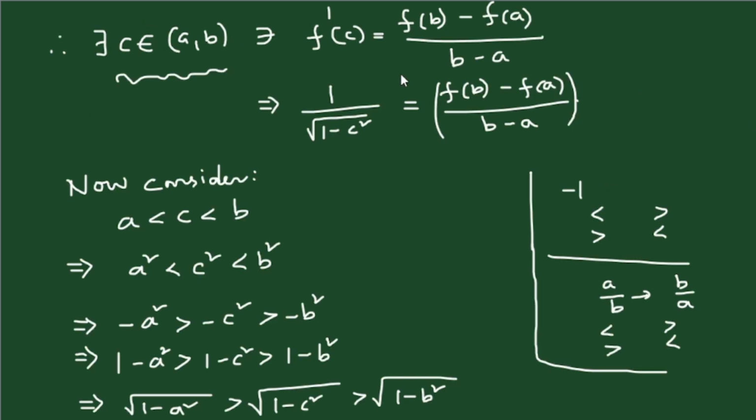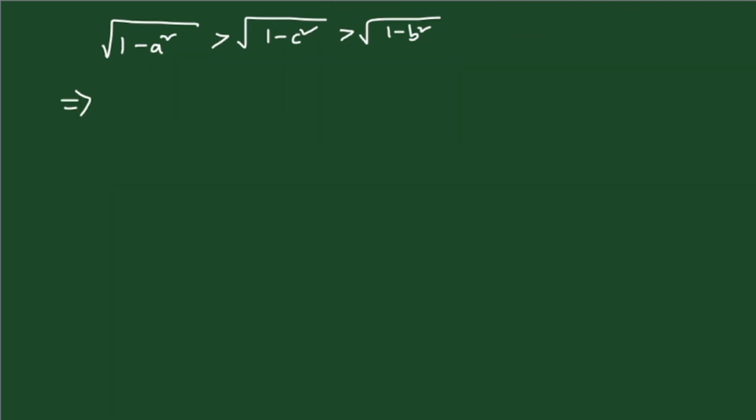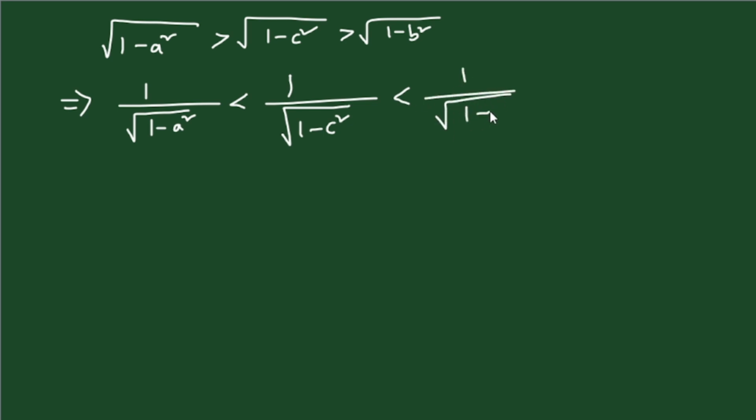Because you have 1 by square root of 1 minus C square here, so you should get it in the middle. So you take the reciprocal, you will get 1 by square root of 1 minus A square less than 1 by square root of 1 minus C square less than 1 by square root of 1 minus B square. Whenever you take the reciprocal, the inequality gets reversed. Therefore, greater than will become less than.